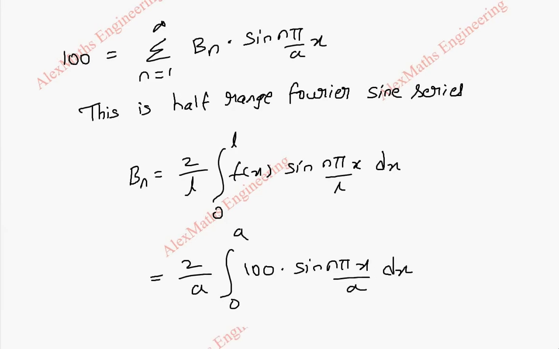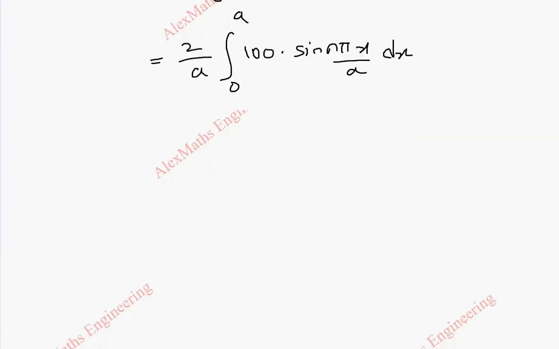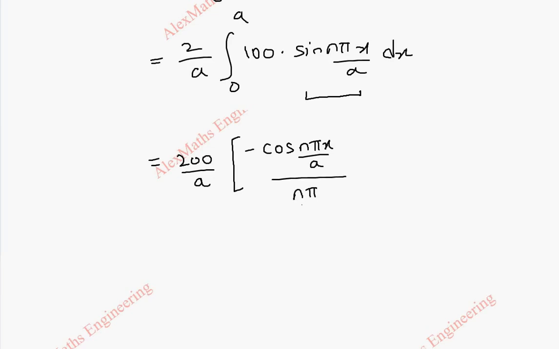After this, we continue the integration, and the constants can be taken outside the integral. So this will be 200 by a, and we have sin(nπx/a). Its integration is minus cos(nπx/a) divided by nπ/a, with 0 to a as the limit.